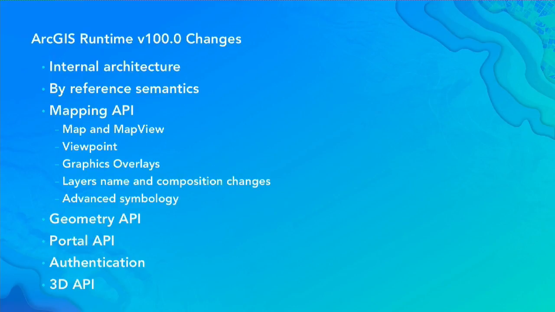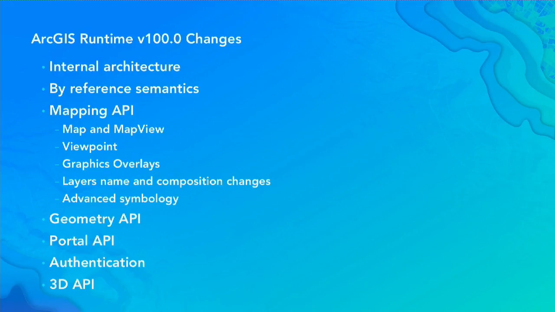Well, you do that now with a graphics overlay, and graphics overlays always sit on top of the map. But we wanted to make that very explicit call. So things within a map are persistable within a map document, and then you can take that map document and share it with other users.